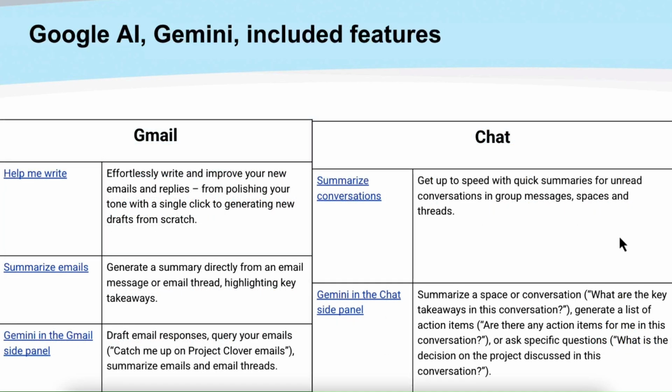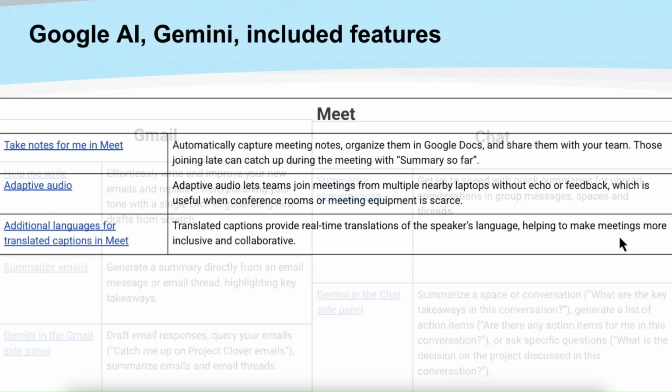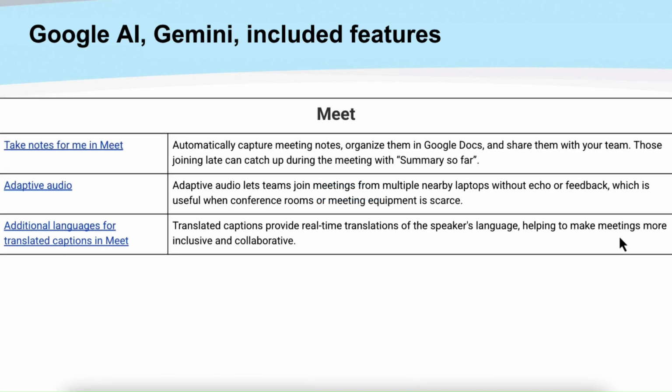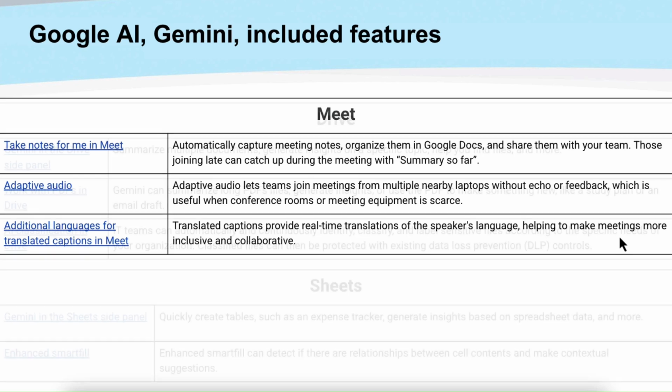Just a quick overview of some of the different features, and we'll go through a couple of these to demo them. In Gmail, you have Help Me Write, Summarize Your Emails, and the side panel. In Chat, you also have Summarize Conversations in the side panel to have different actions happen. In Meet, you have Take Notes for Me for the summary, adaptive audio, and additional translated captions.